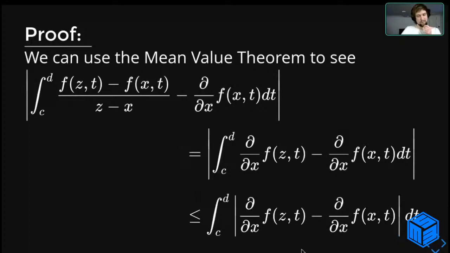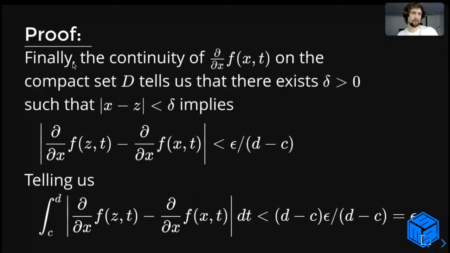And so because the derivative of f with respect to its first argument is continuous, we can see that we make this less than anything we want.